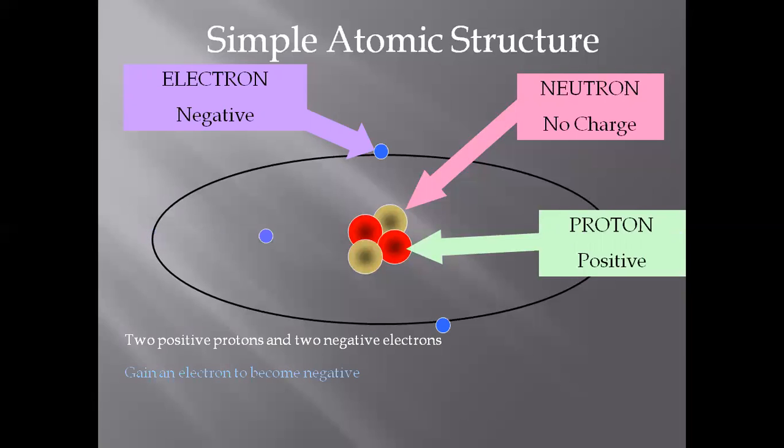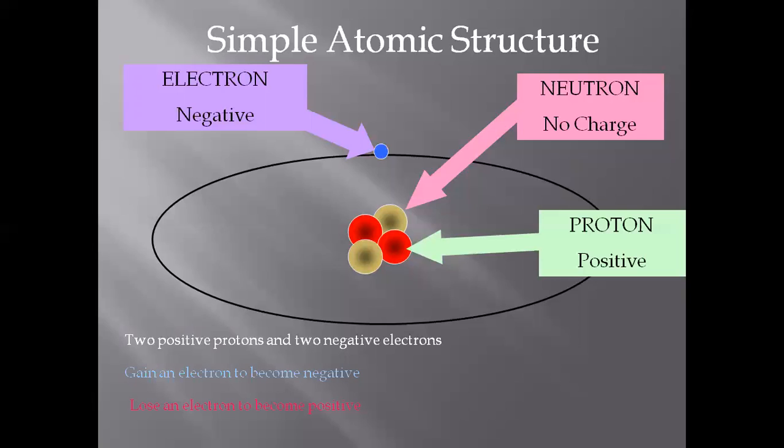And when electrons move away and the proton number in the nucleus is greater, the atom is positively charged.